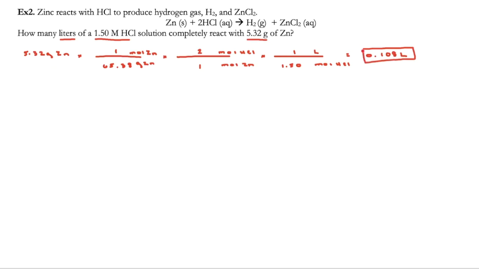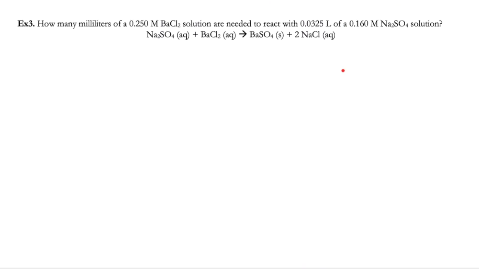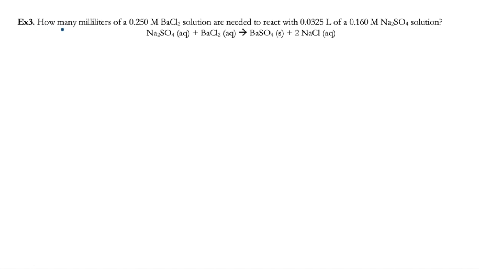All right, let's try one more problem to practice. For the third example, how many milliliters of a 0.250 molar barium chloride solution are needed to react with 0.0325 liters of a 0.16 molar Na2SO4 sodium sulfate solution?